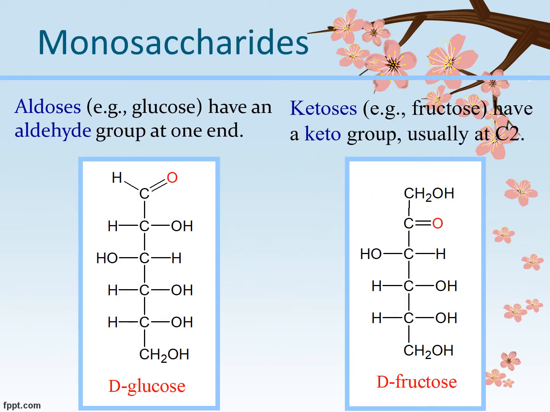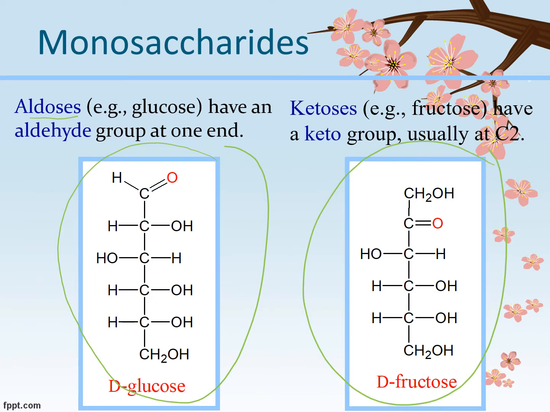So these are examples of aldose and ketose. On the left here, glucose is an example of aldose, whereas fructose here is an example of ketose. Okay, so ketose means it has a ketone, a keto group here at C2. For aldehyde, normally it is positioned at one end. Okay, so basically at this end here.